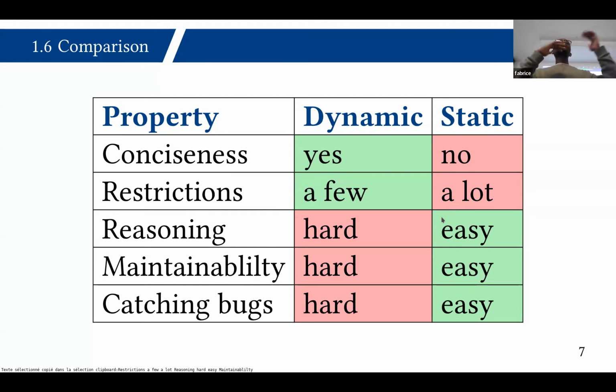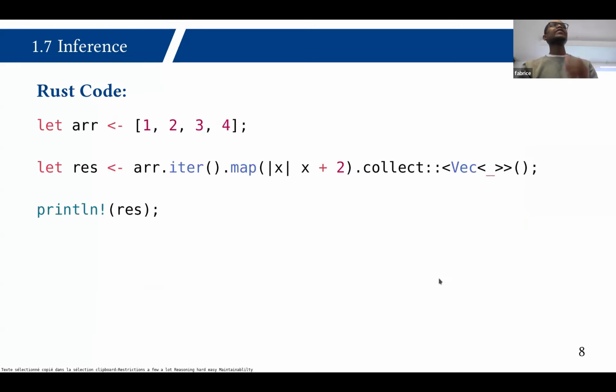You can manage how a function or a variable will behave. You also have the advantage of maintainability because now the code is more readable and you can catch bugs easily. So it's really great to develop a package with this kind of thing.